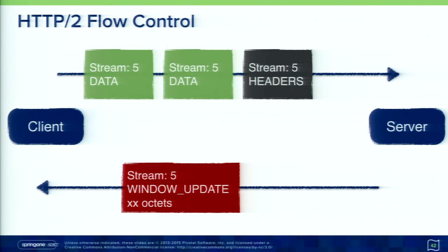That's a very good way to deal with slow clients, or if the server is overloaded, you can really control what's being received. And if the producer is sending data anyway, it's not allowed by the HTTP2 RFC, by the protocol itself. So you can really control the flow of data at the protocol level, and that really relates to reactive streams.